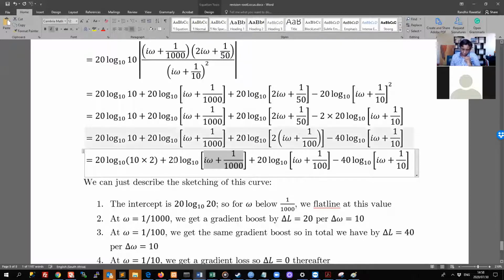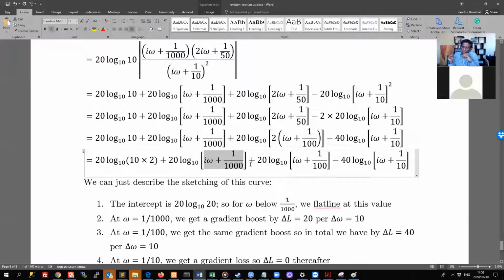So we know how to add this contribution. This contribution is a constant, right? So we can just work out 20 log 10 of 20. So that's going to be a constant. And then if we add this factor, then we'll move along that constant until it's 1 over 1,000, and then it's going to shift up by 20 per factor of 10. And so that will be up to 1,000.